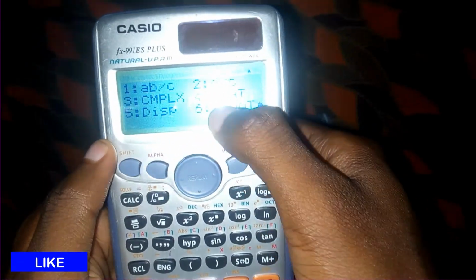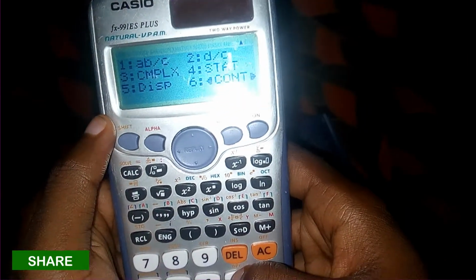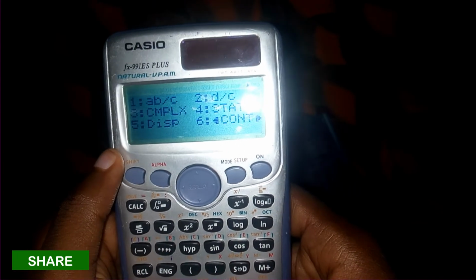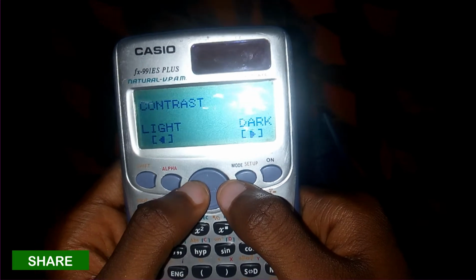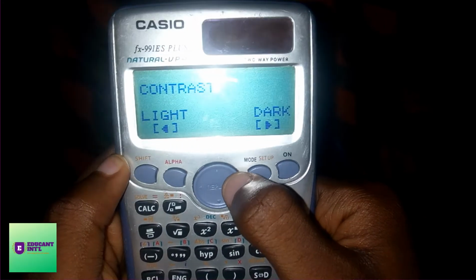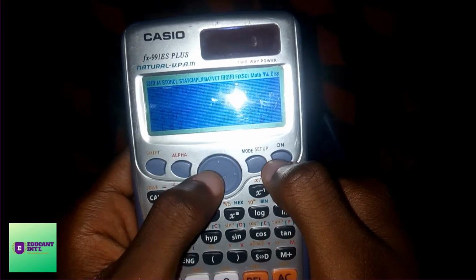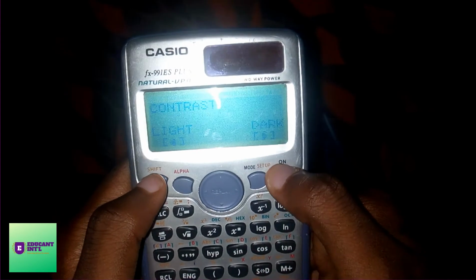Then the complex, then the stats, display, and contrast. So contrast, that is 6. Let me press the 6. You can lighten, or you can darken. Okay, so I'll take it back. So that's it on the setup.